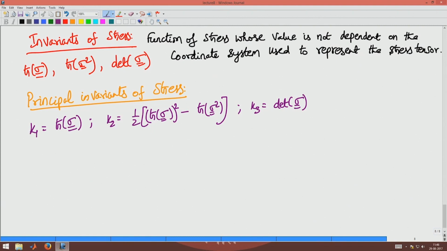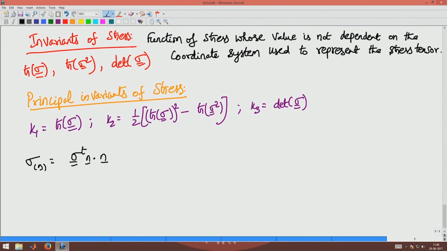Now, let us look at how this principal invariance of stress arises. For that, we have to go back and look at what normal stress is, and we want to find the extremum normal stress, which will lead to a characteristic equation that contains these invariants. So, let us do that. Now, what is the normal stress acting on a plane? This will be sigma transpose n dotted with n, that is nothing but the traction dotted with n.